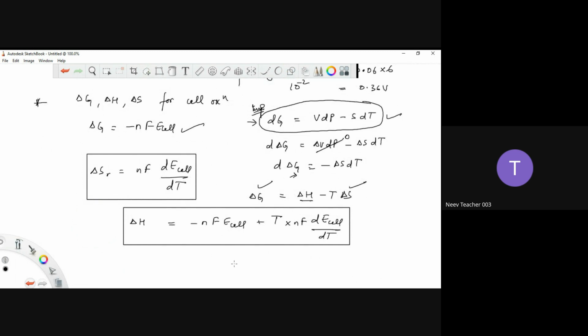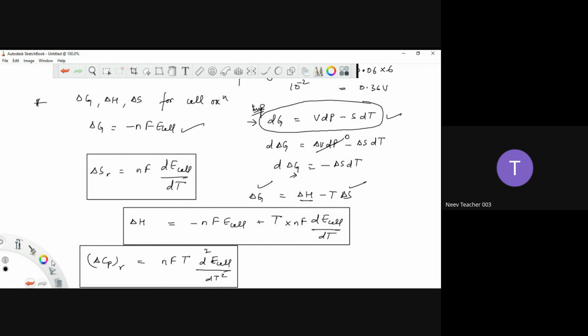Okay. What else can they ask thermodynamically in this? They can ask the Cp value as well, del Cp, and from the Kirchhoff equation we calculate it. So I'm again directly writing this: nF T times the second derivative of E cell with respect to T. This way again.